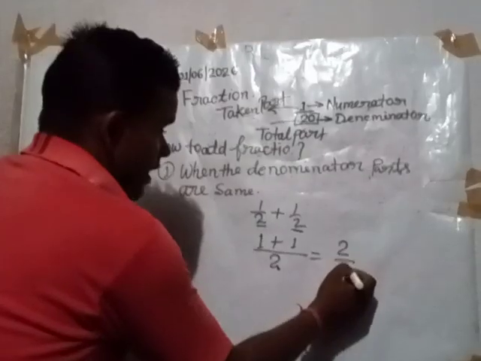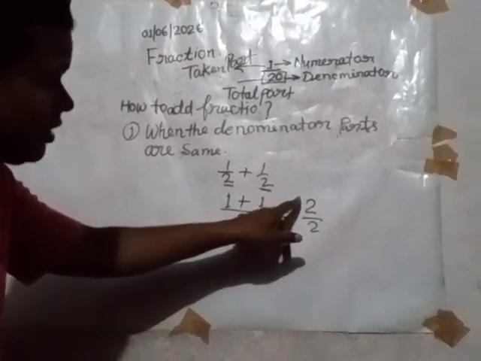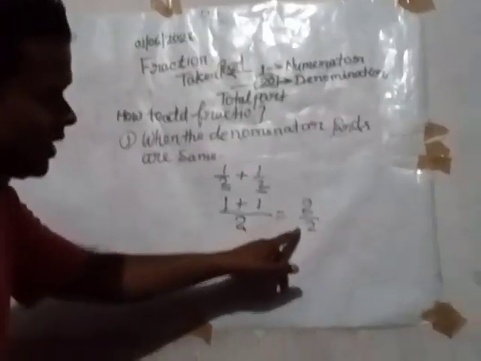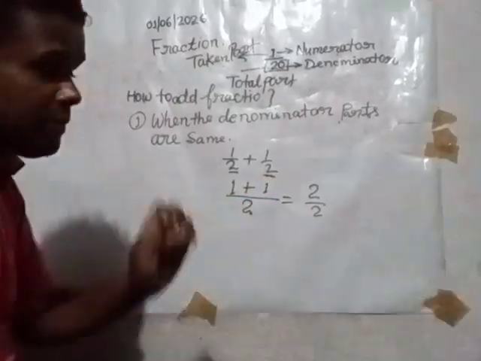Here we get 2 by 2, and if there is a common number in both numerator and denominator, we divide by the common number and change into simplest form.